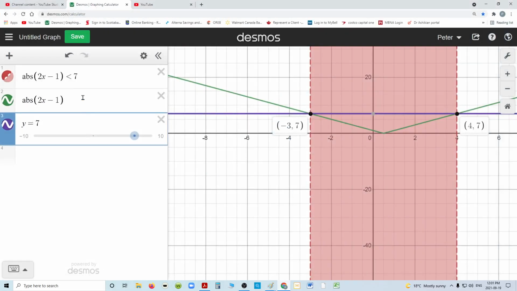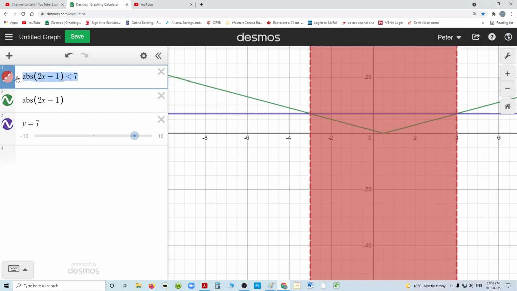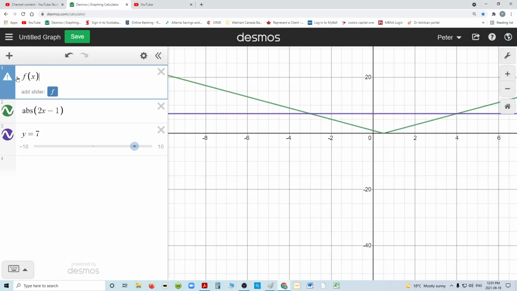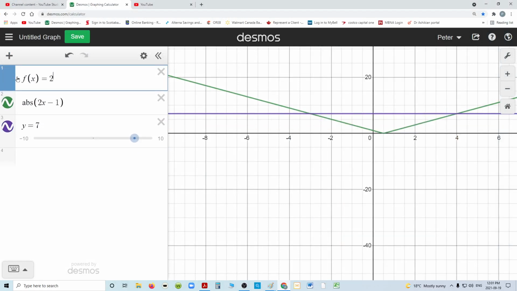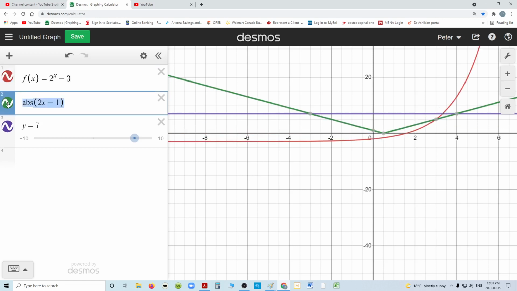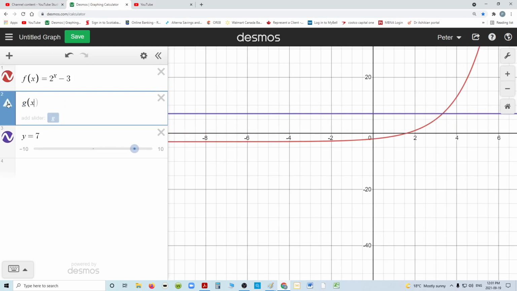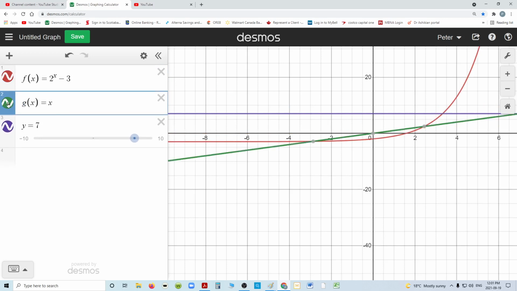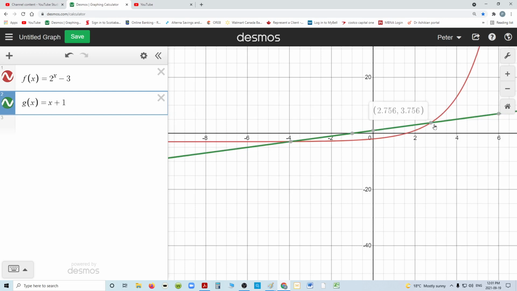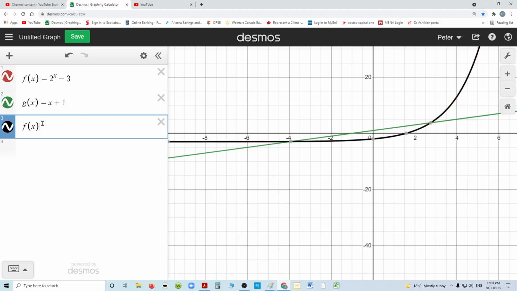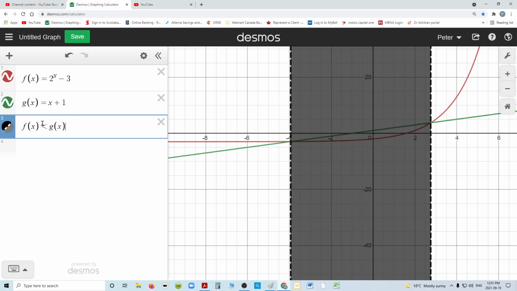So what I'm going to do instead is put one function, f of x, equal to 2 to the power of x minus 3. And I'm going to put the other function, g of x, equal to x plus 1. And we're going to see where they cross. They do cross between 2 and 3. And then you can just say, when is f of x smaller than g of x?